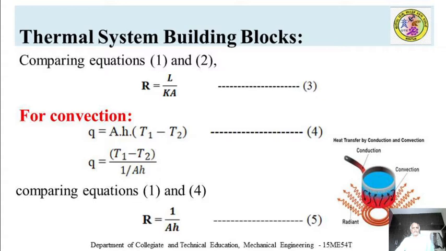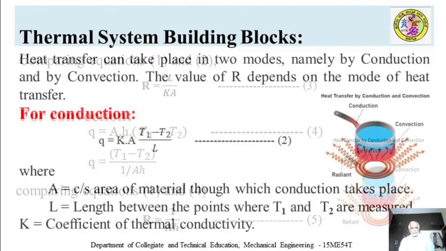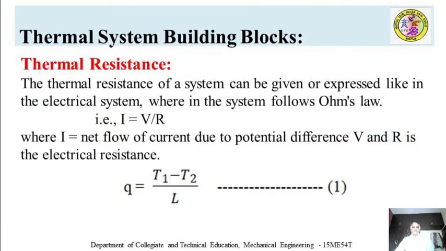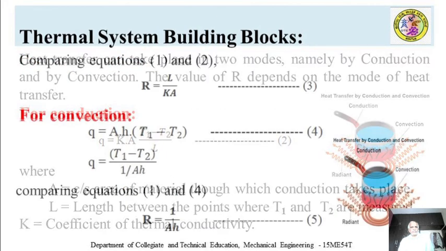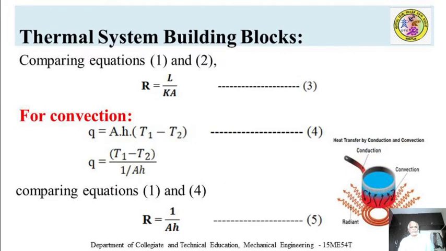Comparing equation 1, Q is equal to (T1 minus T2) by R, with equation 4, we get Q equal to (T1 minus T2) divided by 1 by AH.